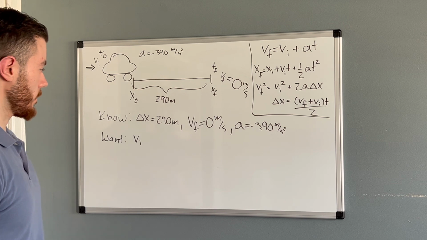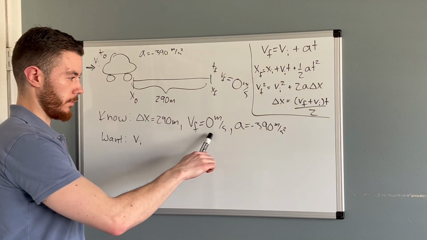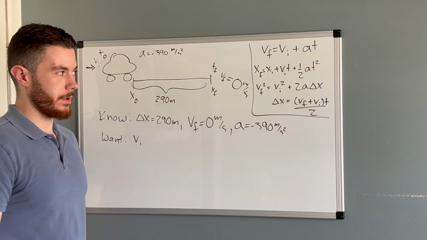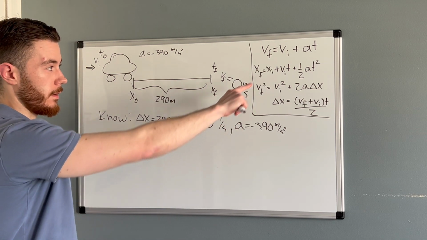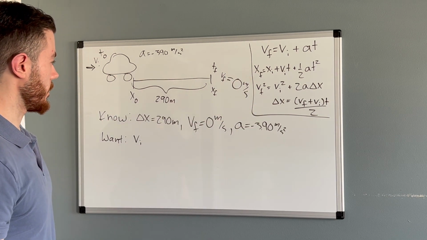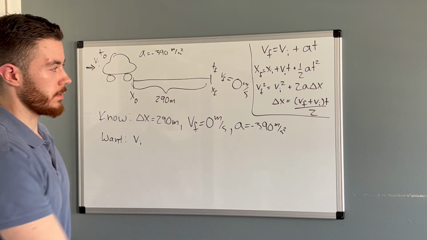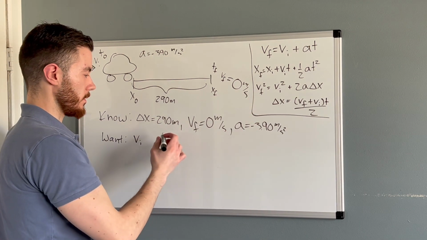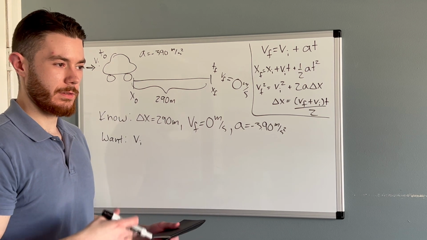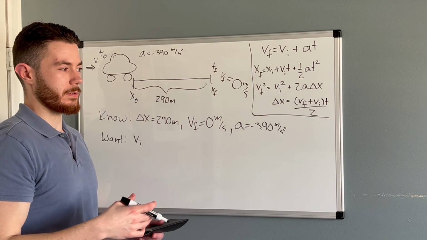So we have three known quantities and we want one unknown. This can be solved using these four equations here. Particularly, it looks like we can use this third one, since there's no time mentioned, like it takes this amount of time to skid to a stop.